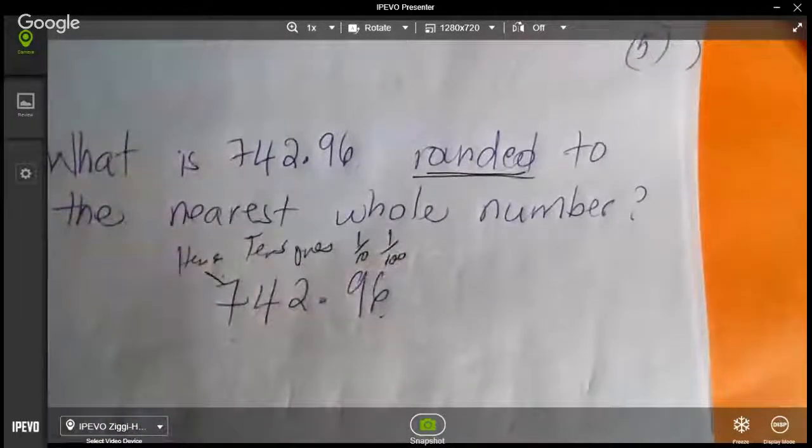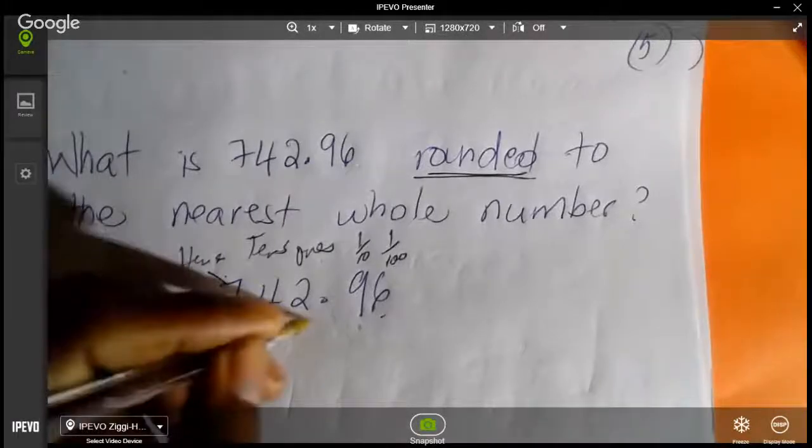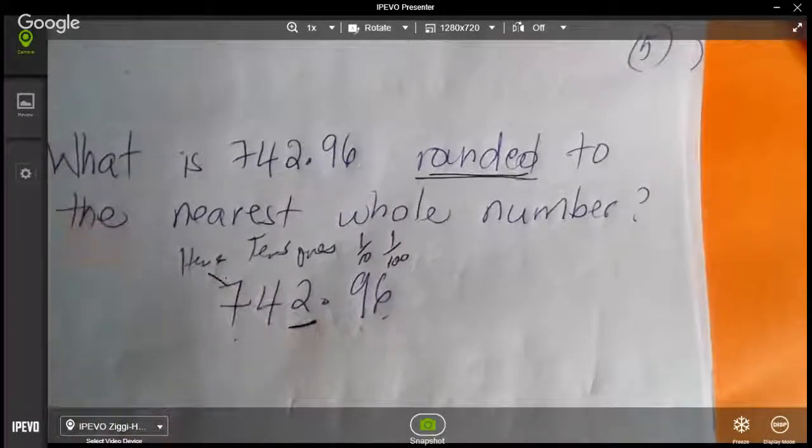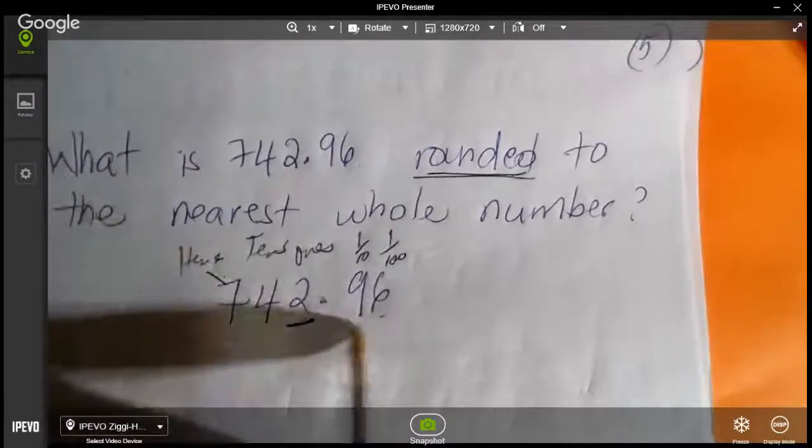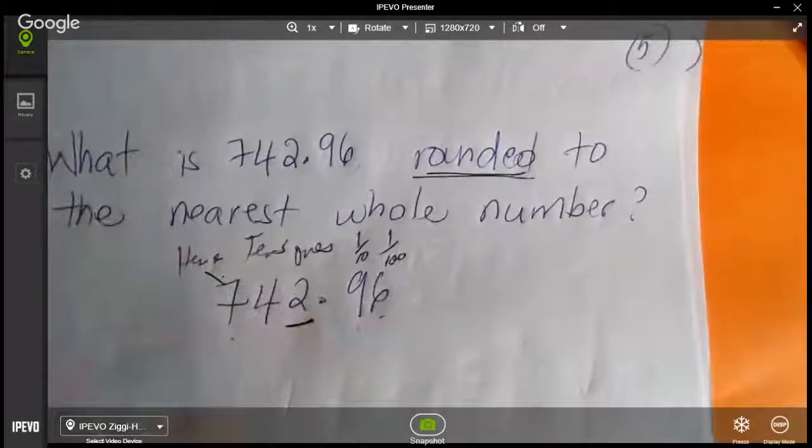Now, which is the first whole number that you see there? 742. This is the whole number, remember? And the decimals, the fractions, are to that side.